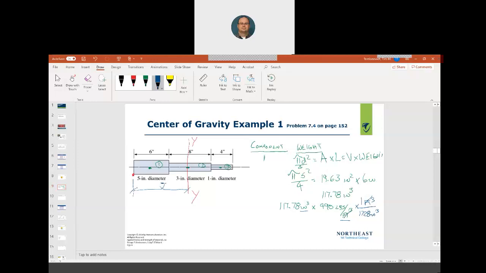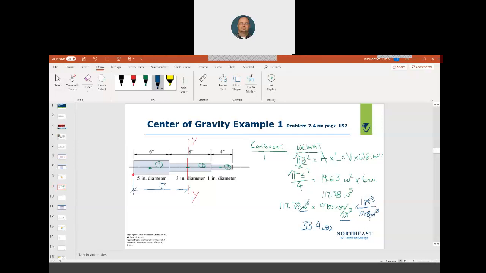So 117.78 cubic inches times 490 divided by 1728. That equals 33.4 pounds. So the cubic inches cancel out.